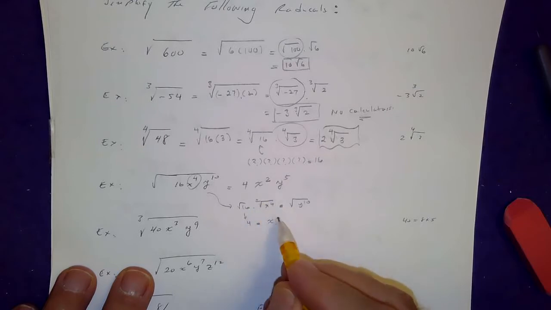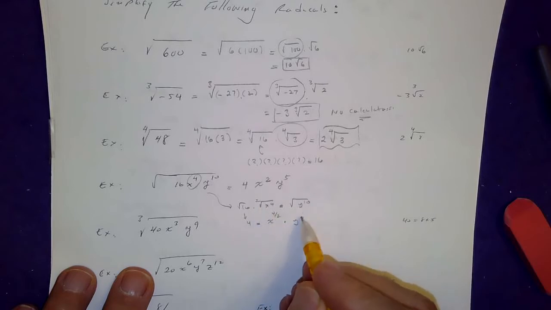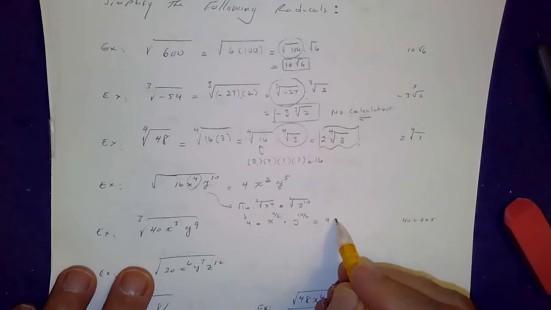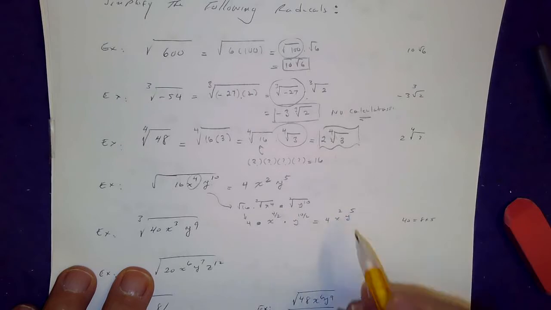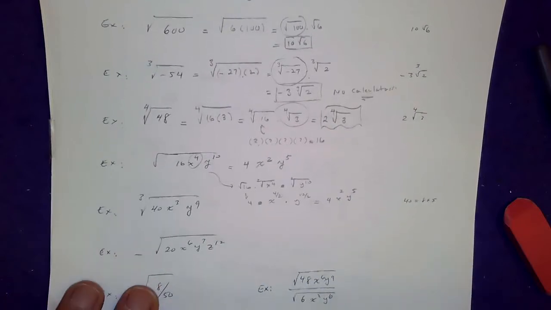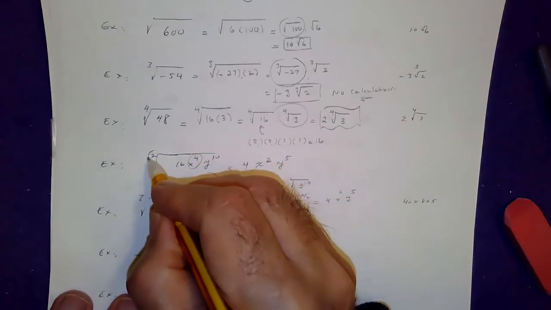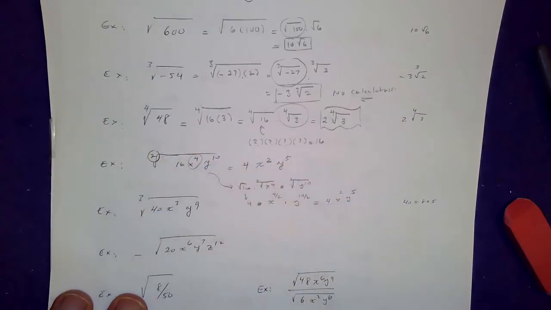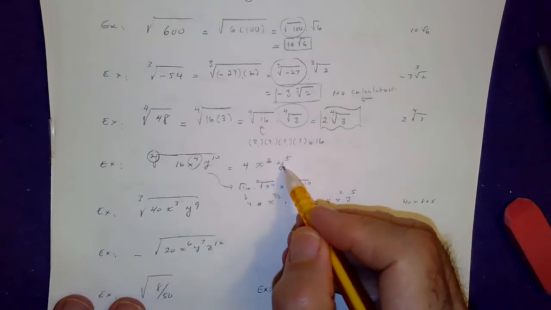Exponent form by dividing 4 by the index, and here divide the 10 by the index. So that's how I got 4 times x squared y to the fifth. So what you do is divide each of these powers by the index, which in this case is 2, and that is what pops out of the radical sign.